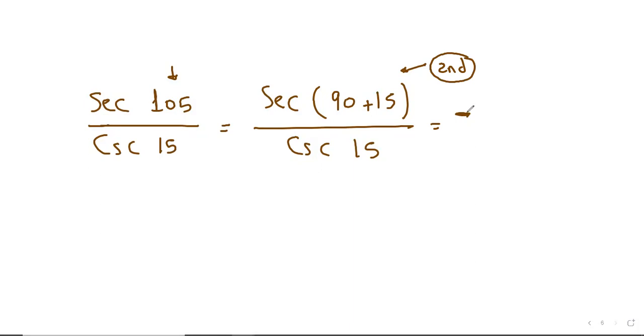But this 90 changes sec to what? To cosec. So it will be negative cosec 15. Negative cosec 15 divided by cosec 15 will be negative what? Negative 1.